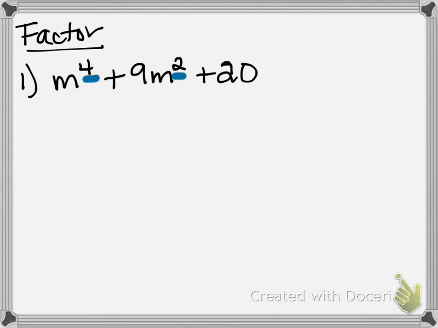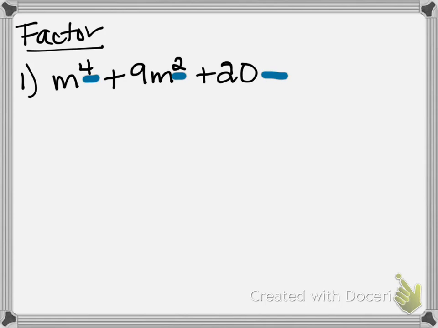So we had 4, 2, and then no variable. That is going to be a hint that this is a disguised quadratic. It gets a bit more complicated at the college level. We're just going to take a simpler version of this.